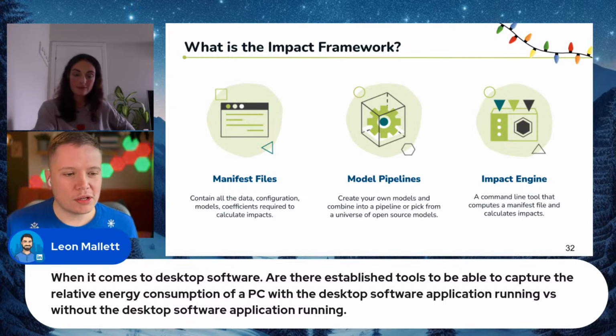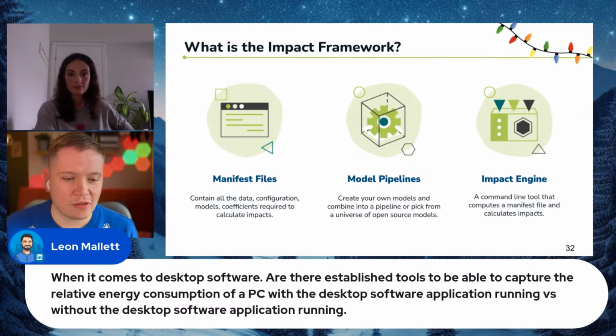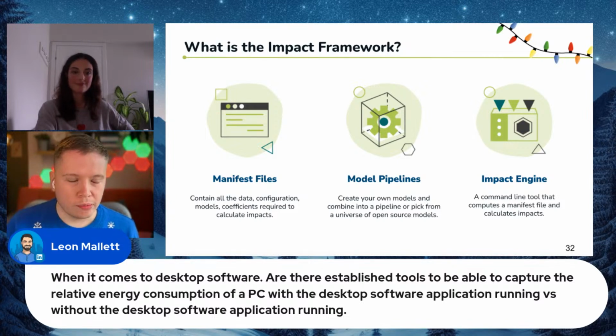So Leon's asking, when it comes to desktop software, are there established tools to be able to capture the relative energy consumption of a PC with a desktop software application running versus without the desktop software application running? Now, I don't know the names of these software off the top of my head, but I think the answer is yes.